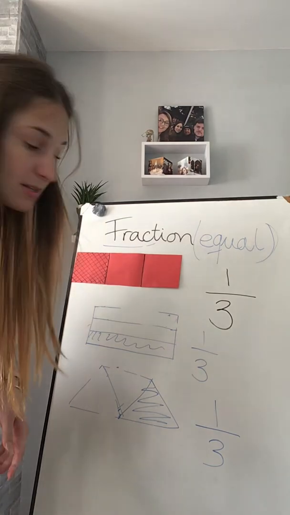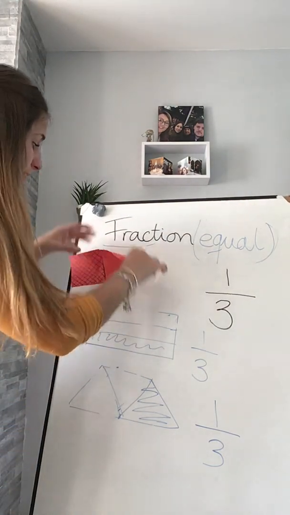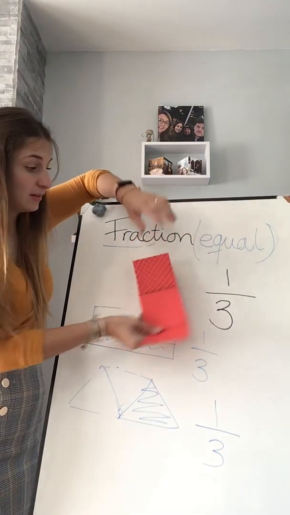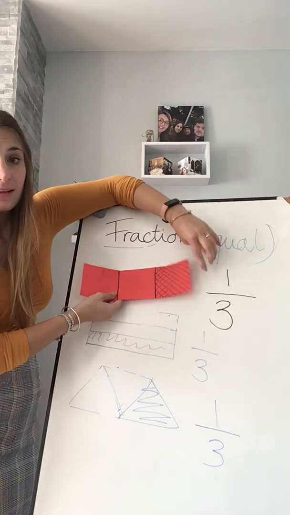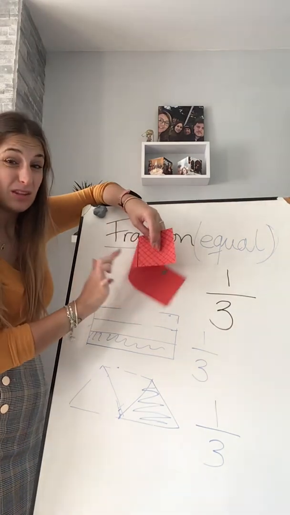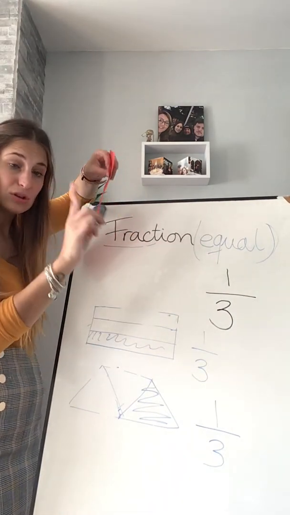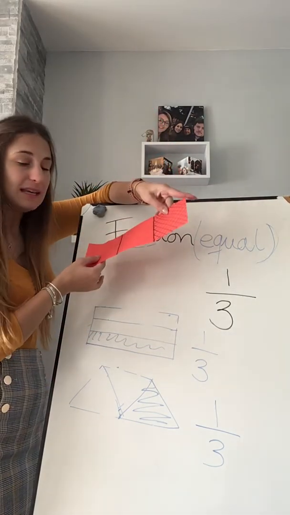Okay, so that's our work today. It's the same as that. If you have a fraction like that, you can shade the top one, you can shade this one, you can shade the one at the end. You could even shade the one in the middle. It will not matter, because you need to shade 1 out of 3 equal parts.